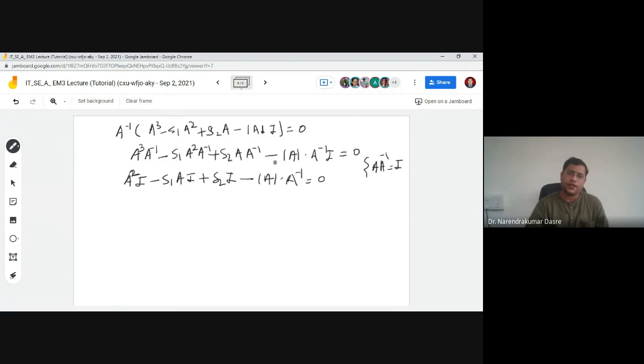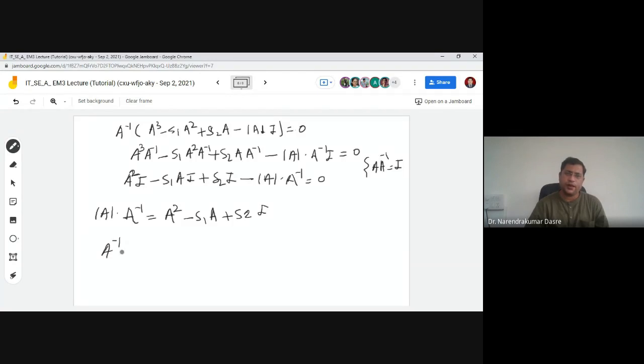We are interested in this term A inverse, so I can take it on the other hand side. We get determinant of A times A inverse is equal to A square minus S1 A plus S2 I. First calculate this matrix, and after calculating it, you have to take the determinant on the other hand side.